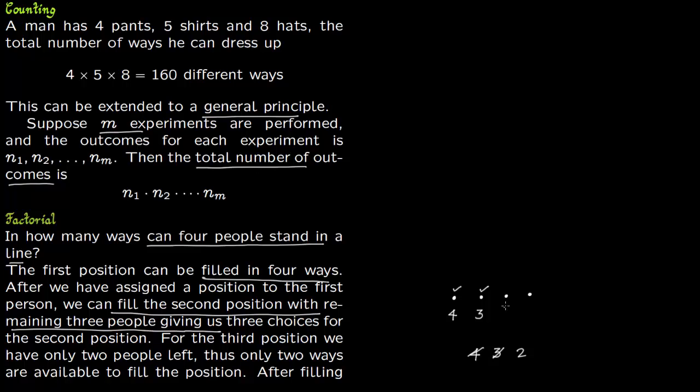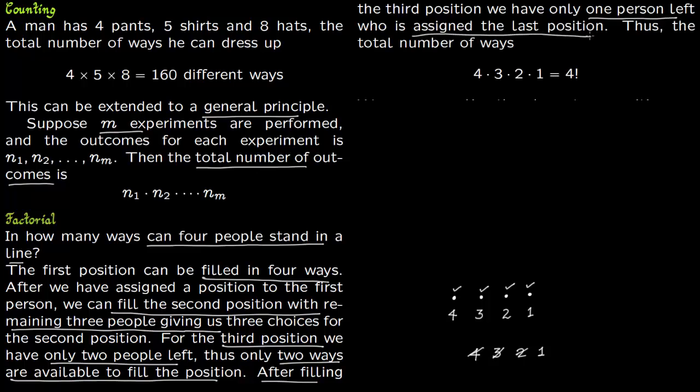Now in the third place, there are only 2 people remaining, so you can fill this place with 2 people. Once you fill this place up, there's only 1 person remaining, and this last person is assigned the last position.